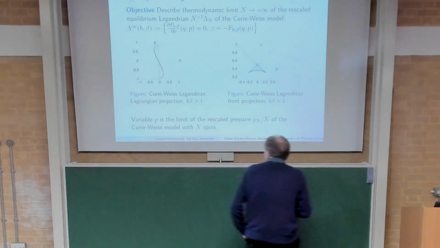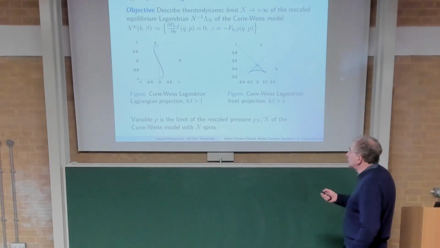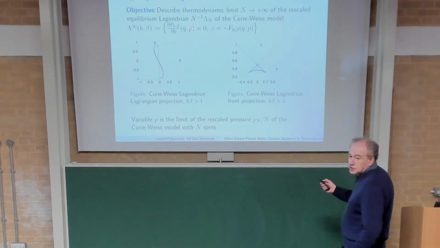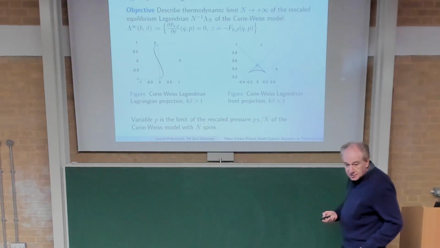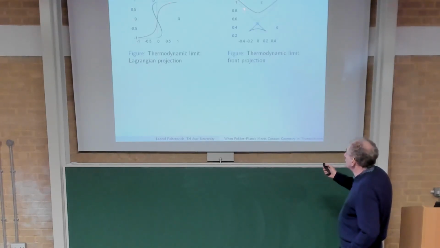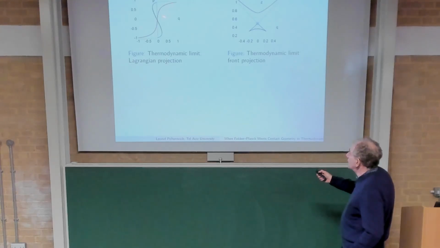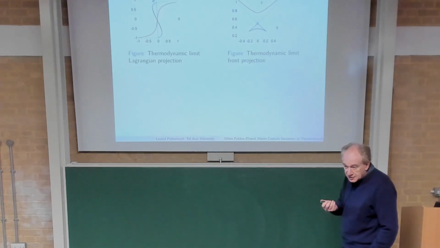So now we want to understand the following thing. This is kind of a limiting object, right? But let's describe the limit. And a thermodynamic limit looks like this. In red, you see pictures for finite n, maybe very large.